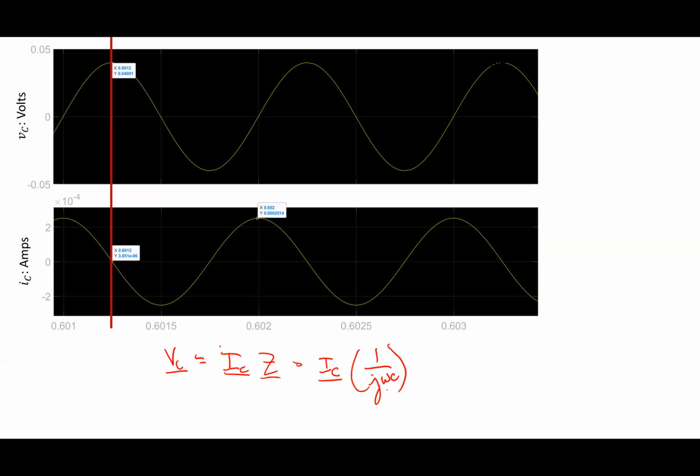Okay. If I have a complex expression, complex number A equals complex number B times complex number C, what do I say about their angles?